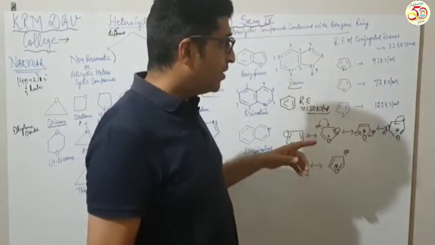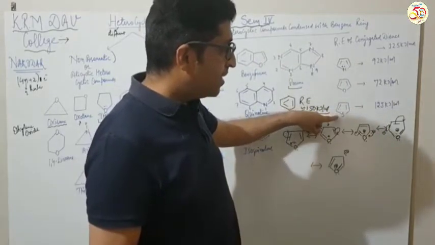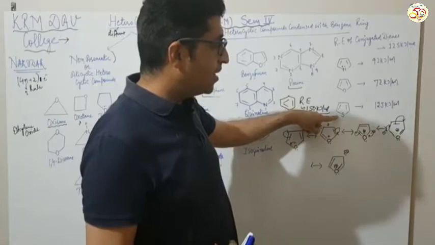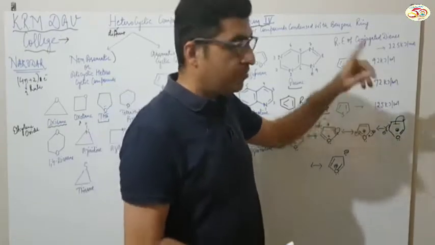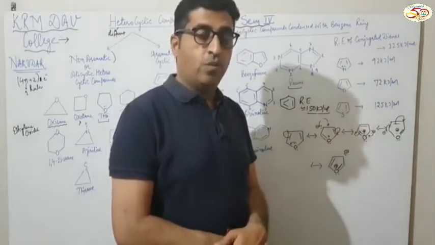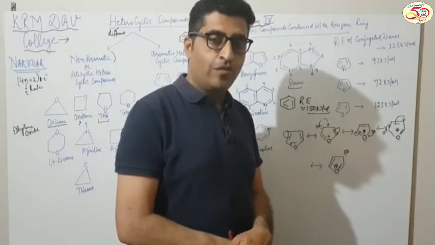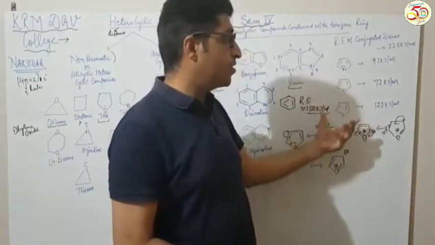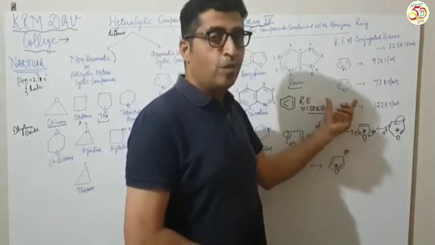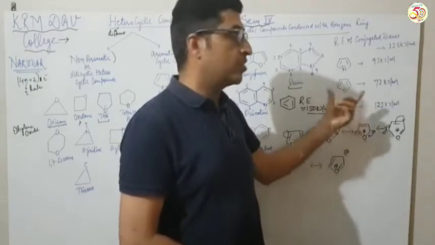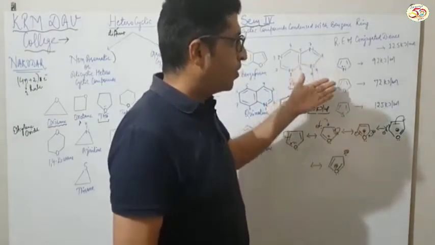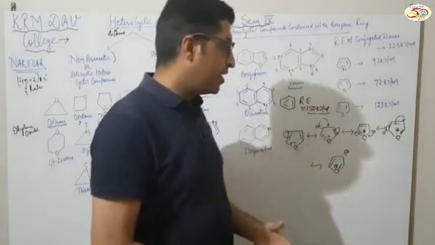And you see that in the case of thiophene, how much is the resonance energy? 125. Why is it so? Obviously because the number of resonating structures in thiophene is much more than in pyrrole and furan. So the thing is very clear.